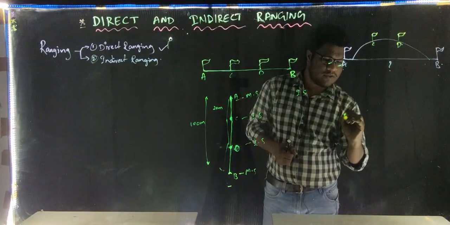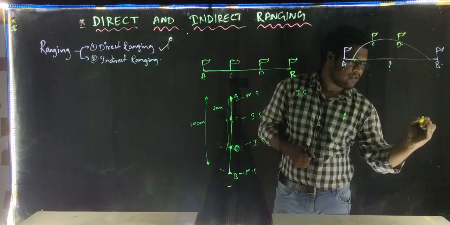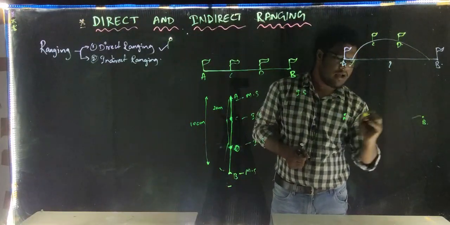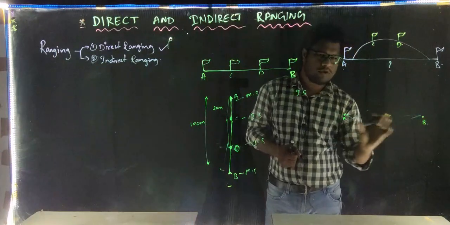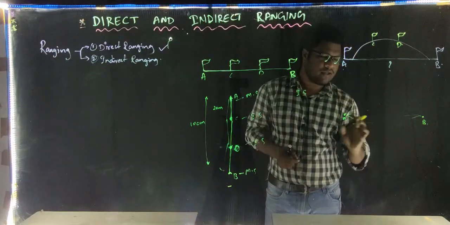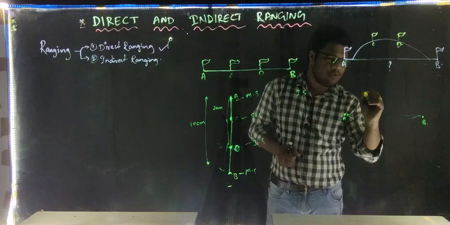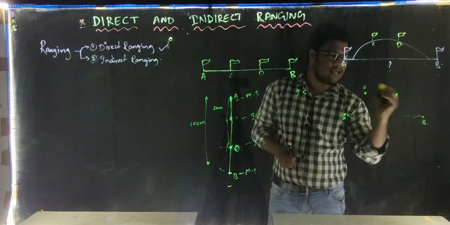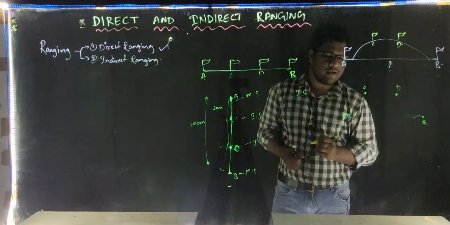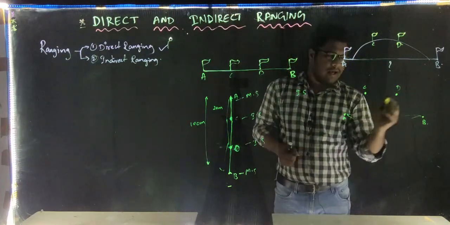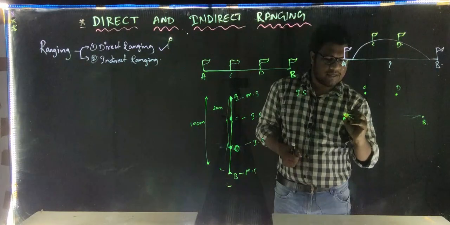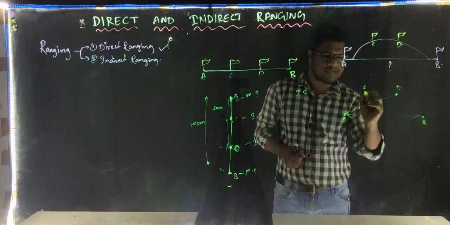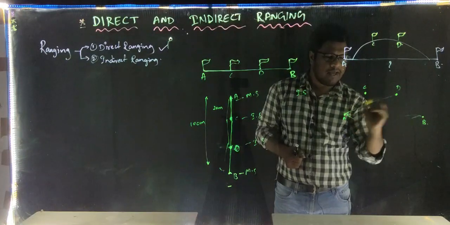For example, this is station A and this is station B, and there is an obstacle like this, and I cannot see these two stations from one another. What I am going to do is fix two stations, C and D, here, and I sight from station A to station D, and I ask station C to move into the line AD.